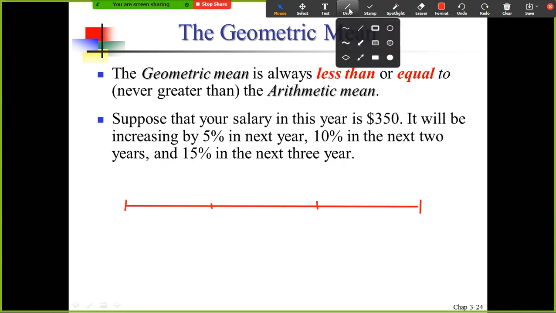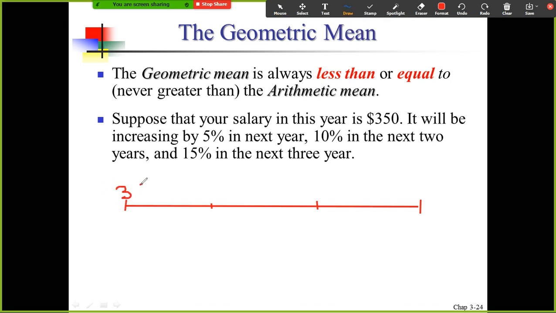Now your salary is 350, now it's year 0. It will be increasing. Next year your salary will increase by 5%. In the next 2 years your salary will increase by 10%. In the next 3 years your salary will increase by 15%.